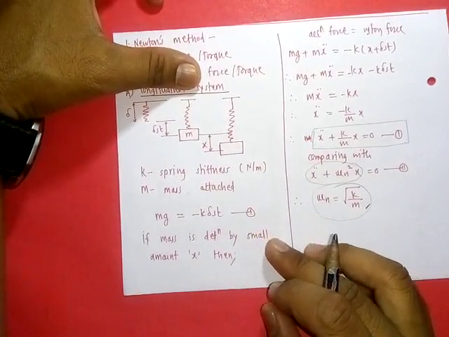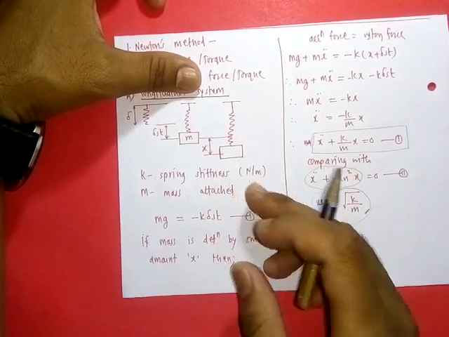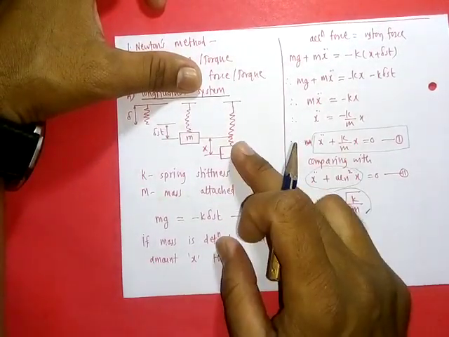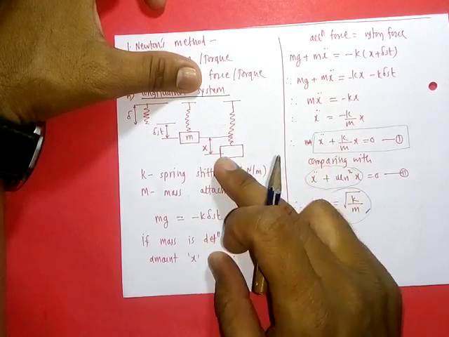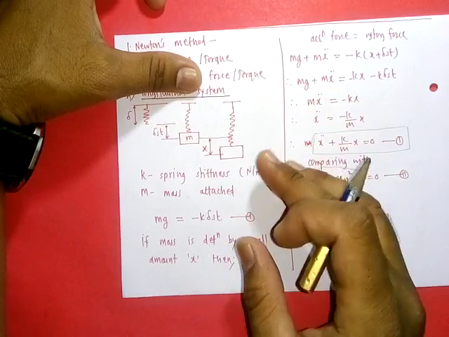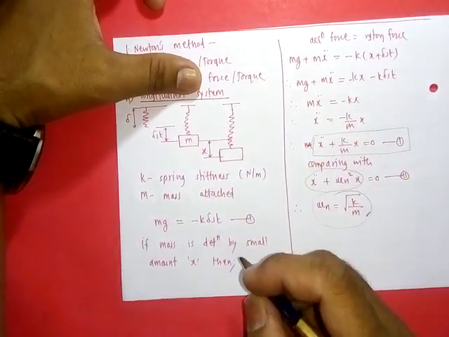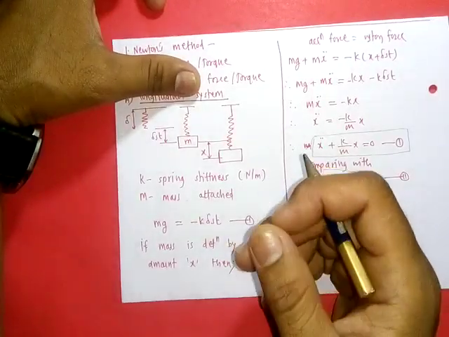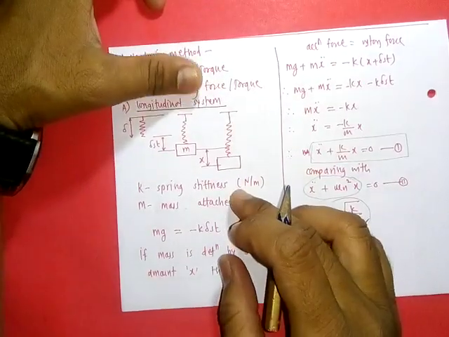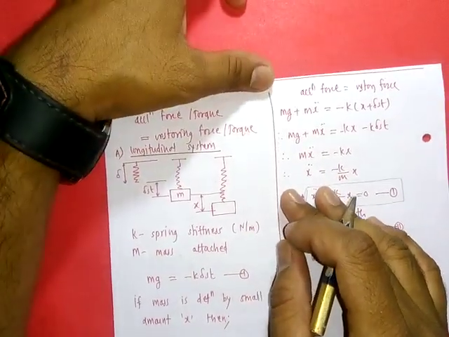Okay, now consider this mass is displaced from its equilibrium position by some amount x and released. Then when we move this system in downward direction, due to that motion it gets acceleration and hence accelerating force in downward direction.